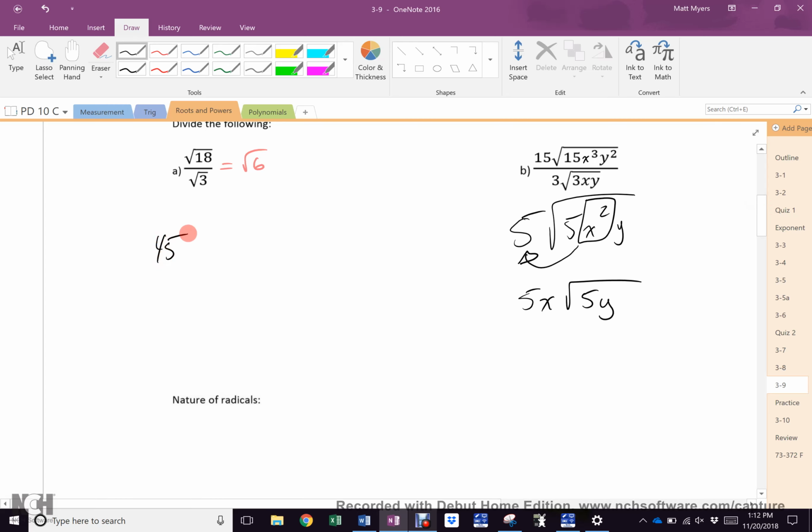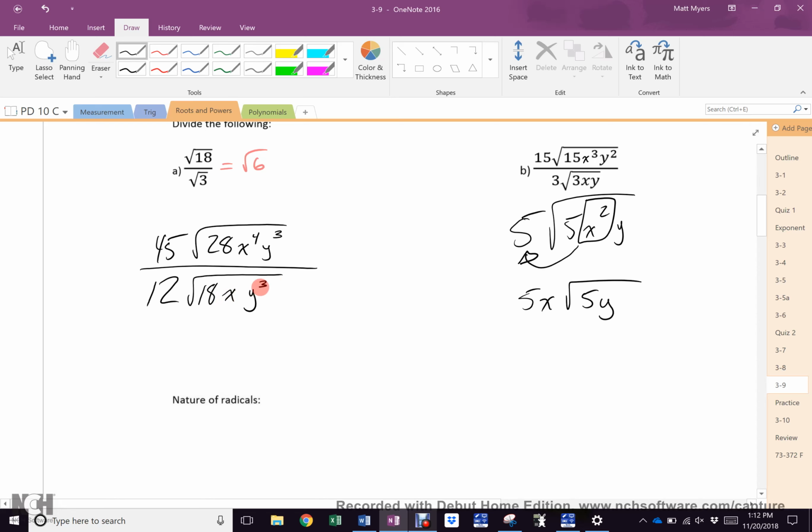45 root 28 x to the fourth y cubed over, not 9, 12 root 18 x y to the third. You guys do that one. There is, what? It's just x.